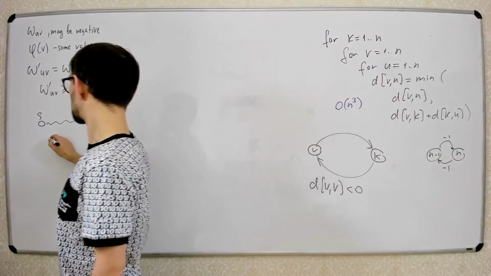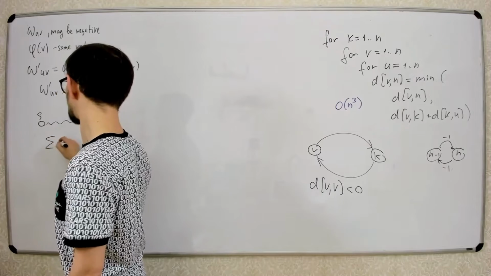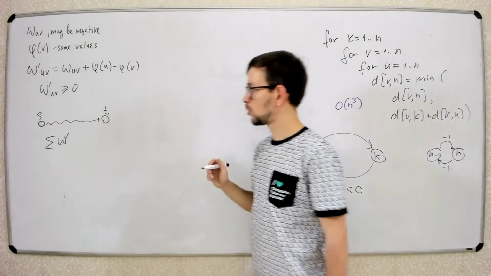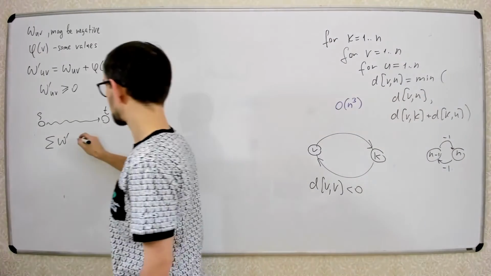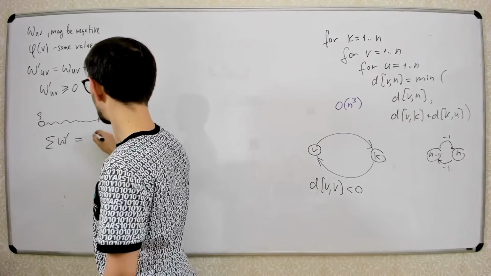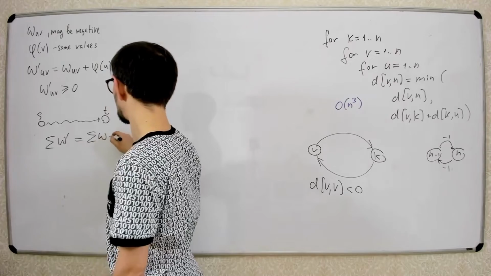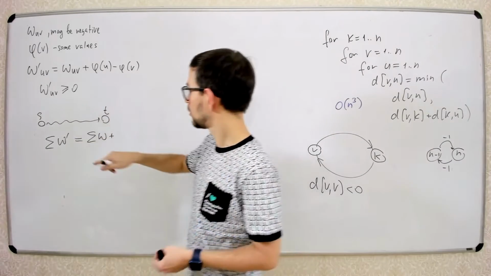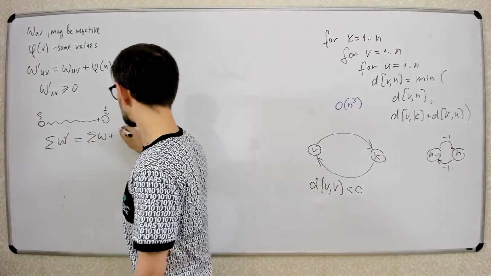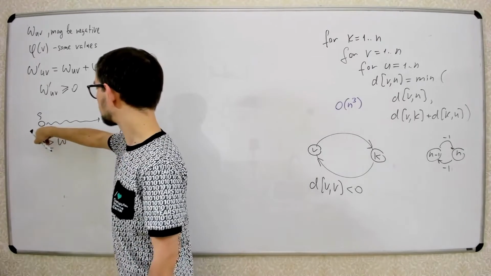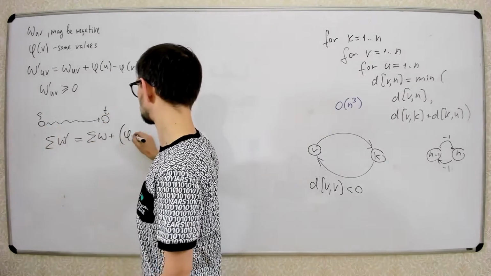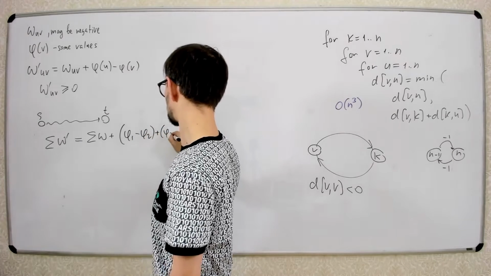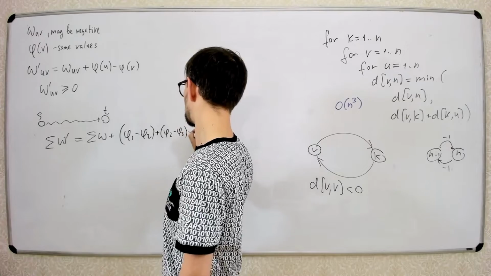It will be the sum of all these modified weights. What will be the sum of modified weights? It will be the sum of old weights plus the sum of differences of the potentials. So you will have potential 1 minus potential 2, plus potential 2 minus potential 3, plus and so on.